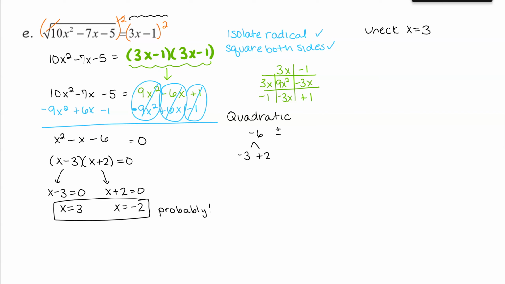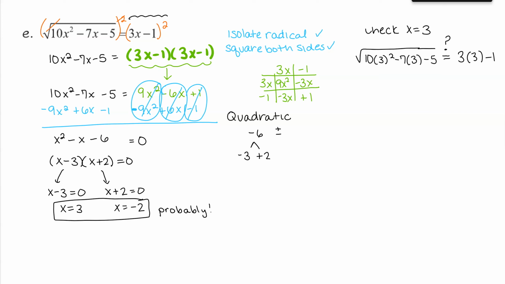x equals 3. So I have square root of 10 times x squared, but our x is 3. So 10 times 3 squared minus 7 times 3 minus 5, that's all under a square root. Is that the same as, remember that's a question, 3 times x minus 1?